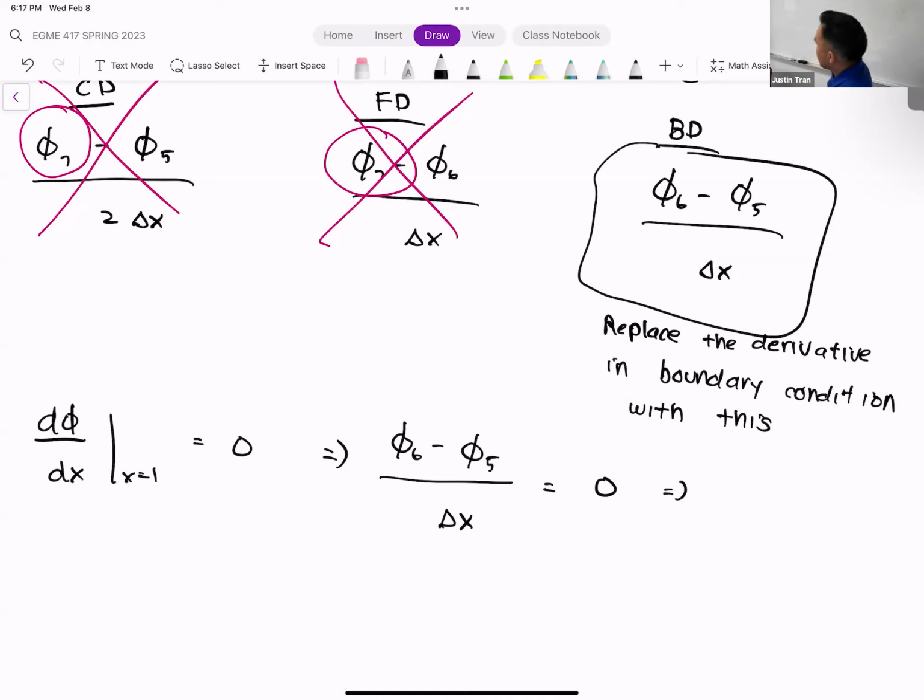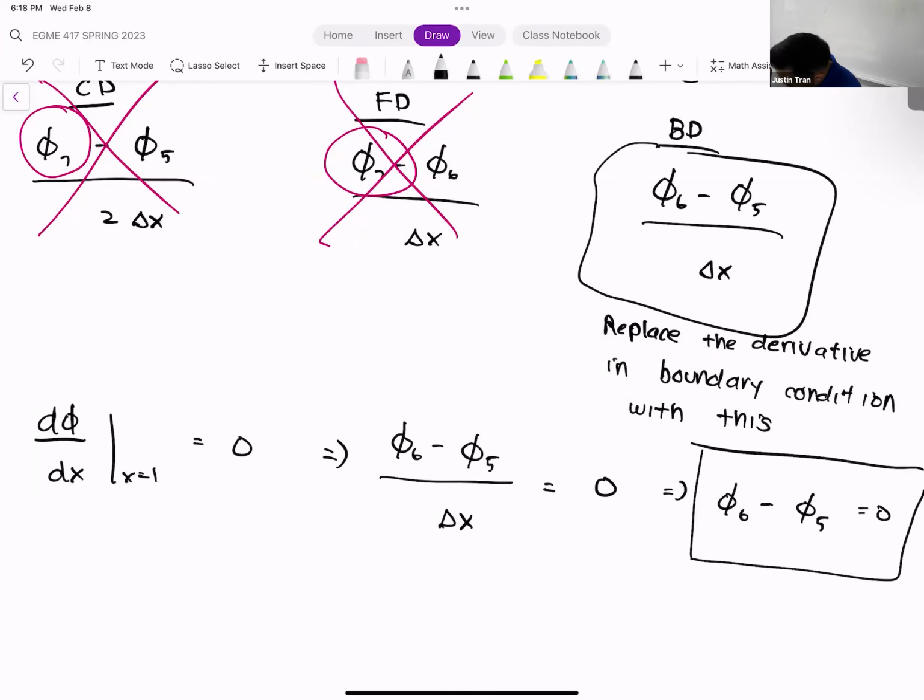In this particular case, since our boundary condition is equal to 0, we can multiply both sides by delta x just to cancel it out, to simplify our math. And so we get our final equation here: phi 6 minus phi 5 is equal to 0. That gives us our 6th and final equation that we need to solve.